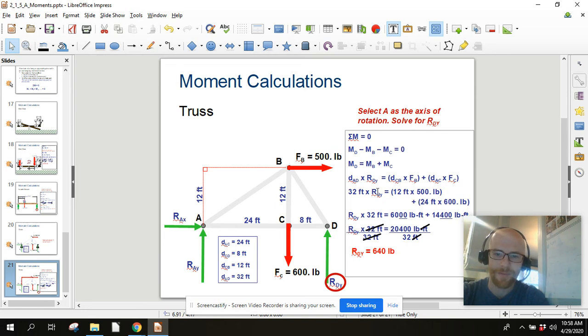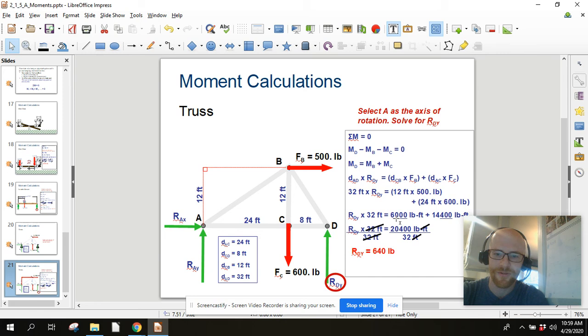So the moment at B is the distance CB, which is 12 feet, times the 500 pounds, plus the moment at C, the distance from A to C, 24, multiplied by the 600-pound force.